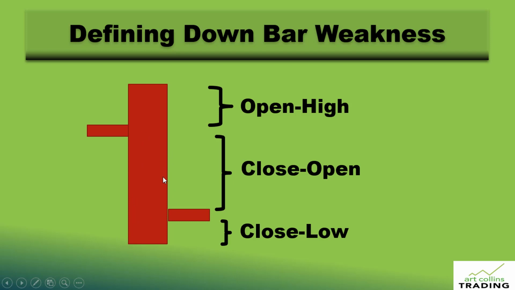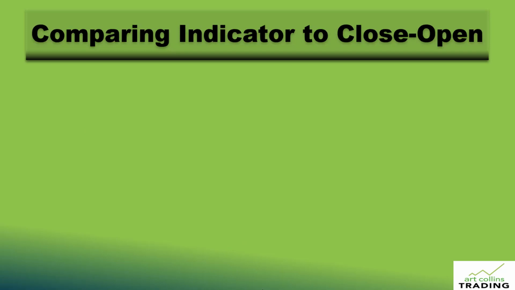Close to open is always going to be negative. And finally, the close to the low is always a positive number, and that's what we want to take away from the bar's weakness value, because, again, it's a rejection of the low point of the day, going higher into the close. That's what I gave you before.